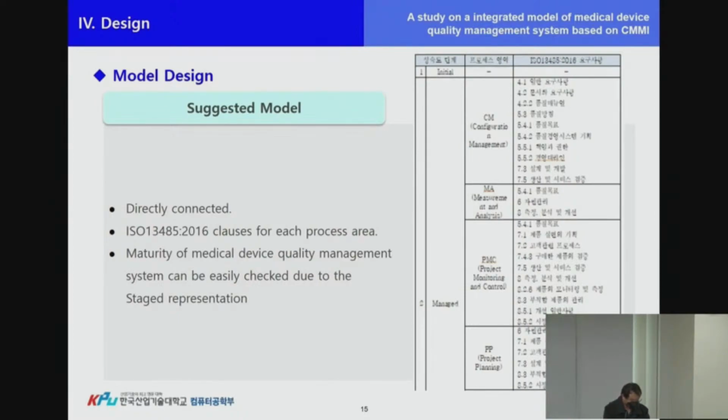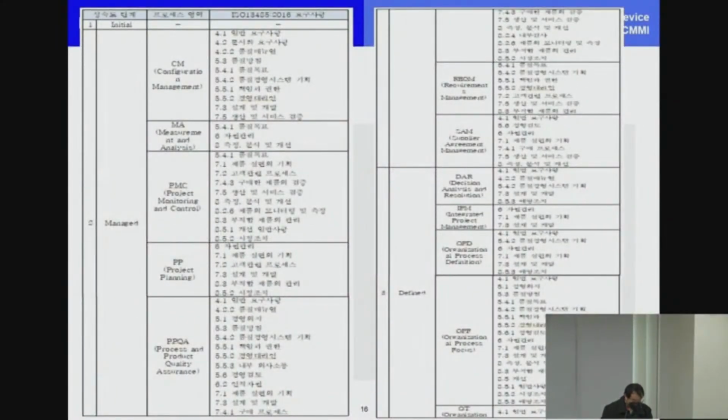By this model, maturity of medical device quality management system can be easily checked due to the staged representation. In the completed model, there are only maturity level and process area and ISO 13485 requirements.